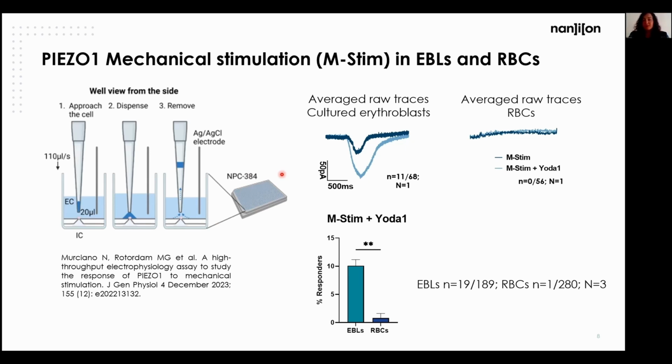But this was not possible in red blood cells. If we look at the statistics of the percentage of responders, we can see a clear difference in the responding cells. Looking at the numbers, basically only one cell out of at most 300 cells in total was able to respond to mechanical stimulation in the mature red blood cell population.